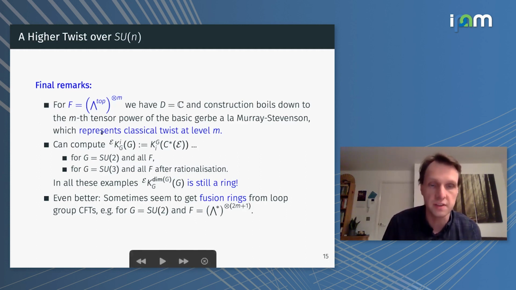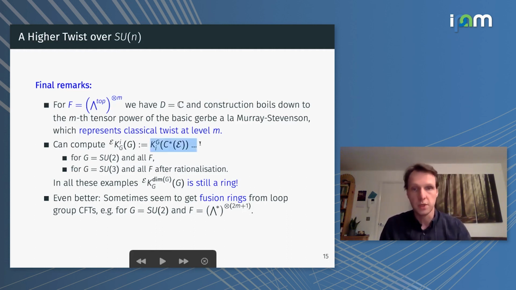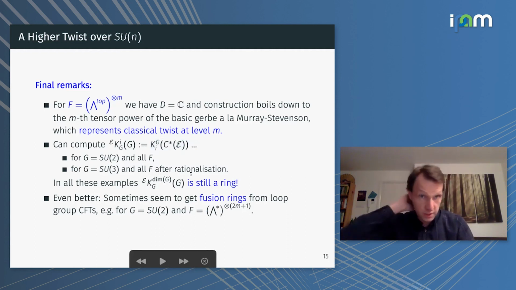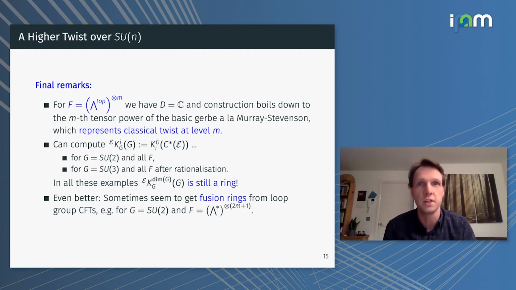But in general, you get something more interesting, and we can compute these higher twisted K groups, twisted by our Fell bundles, at least in the case where the group is just SU2, and then for all exponential functors that one can come up with. And for the group SU3, I can compute this, but only after I tensor with Q. And the only reason for that is I have to work out the differentials in a spectral sequence, and there's an easy way to get rid of them just by rationalization.